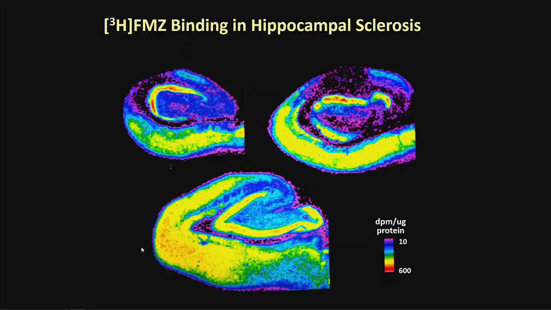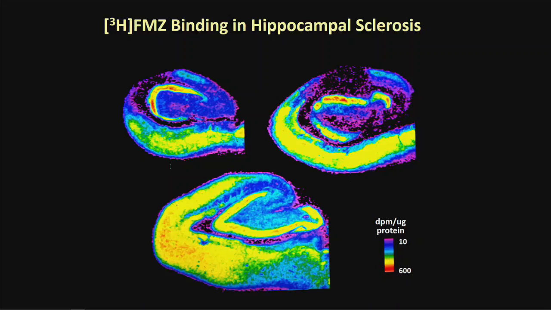This is a post-mortem sample from a normal individual showing the laminar distribution of GABA-A receptor binding sites in the hippocampal formation. And these are samples from 2 patients who had their hippocampus resected as part of their epilepsy surgery. And you can see a profound loss, particularly in this dorsal aspect of the CA1, 2, and 3 sectors of the hippocampus.